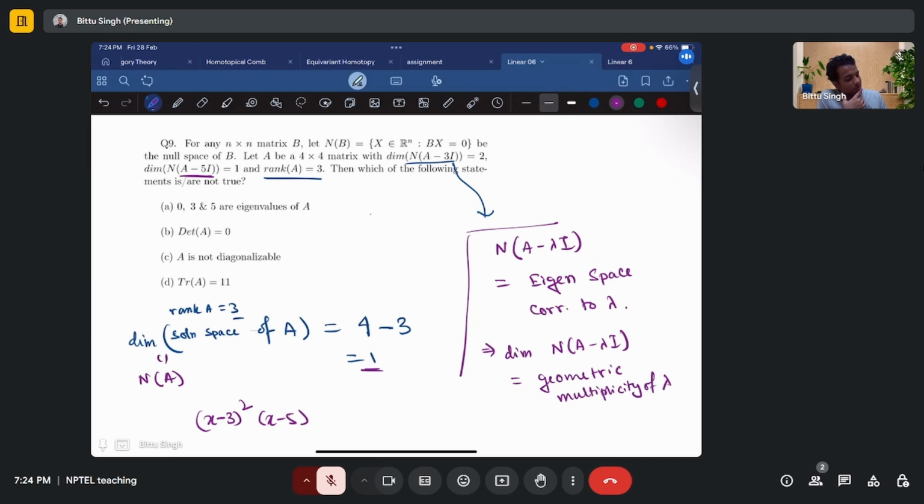The nullity of A is the same as the nullity of A minus 0I. So there is another factor, x minus 0. Now this is 4 by 4, so those factors will occur in the characteristic polynomial.